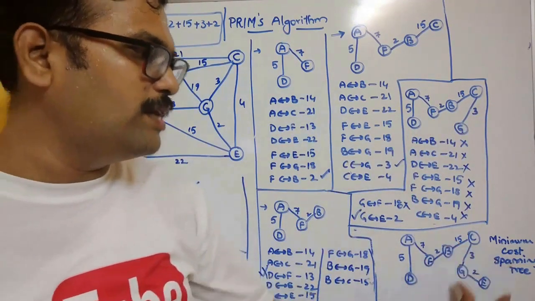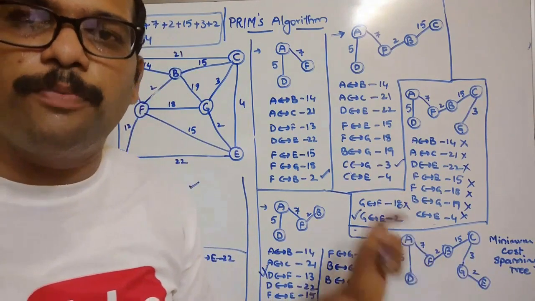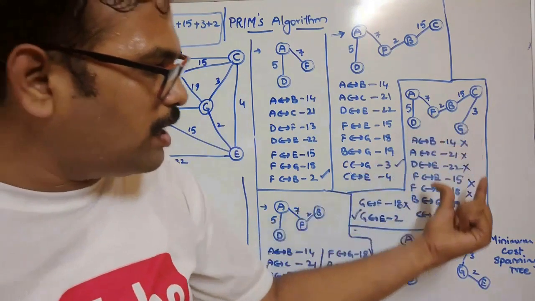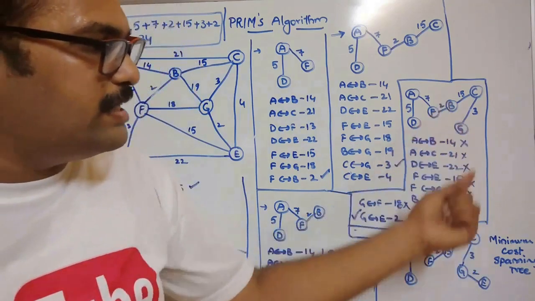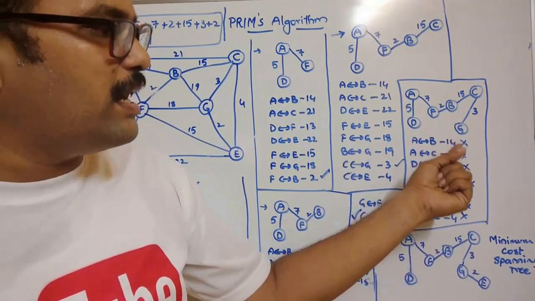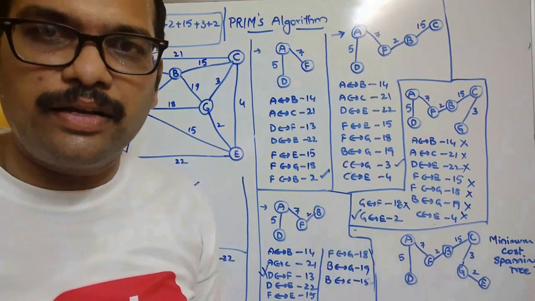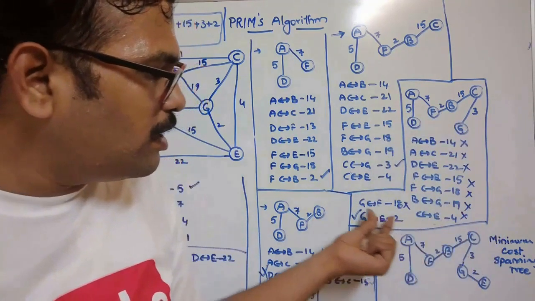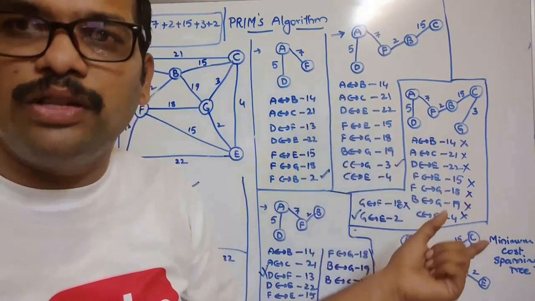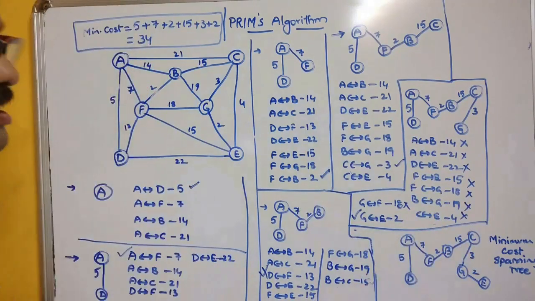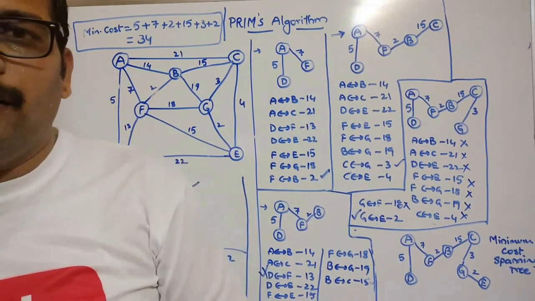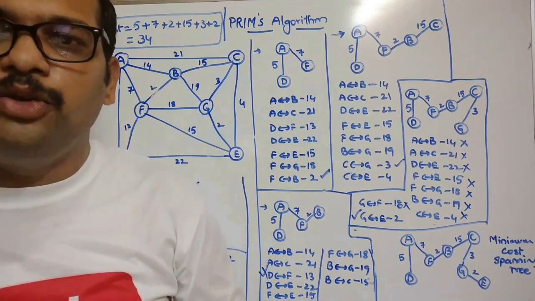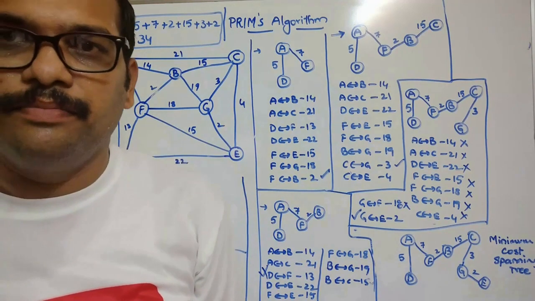So here you can see all the vertices are included in the tree. So we have stopped the procedure and we have checked all the edges. If you consider any one of the edges, it forms a cycle here. So that's why we need to discard all the edges, right? So this is how we can find the minimum cost spanning tree by using Prim's algorithm.